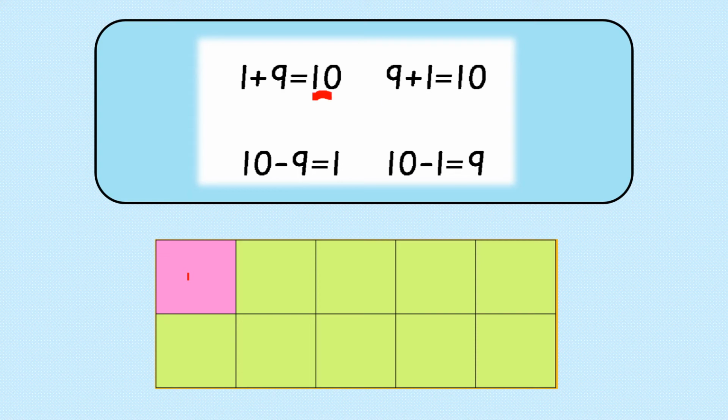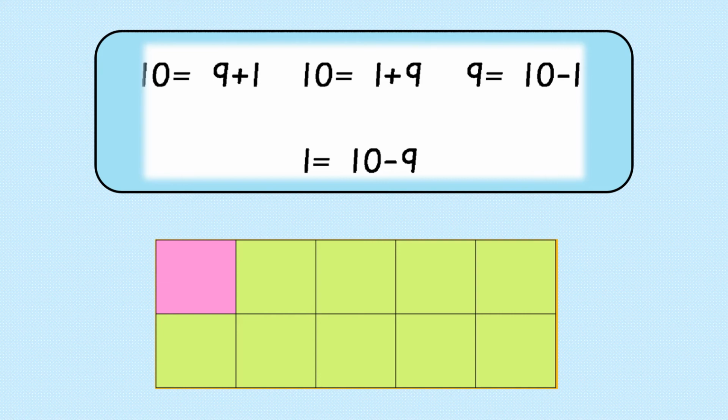Or we could write 9 add 1 equals 10. For our takeaway, all of them together are 10. If I take away the 9 green ones, how many do I have left? 1. If I have 10 and I take away the 1 pink, how many green do I have left? 9. So those are your 4 number sentences.